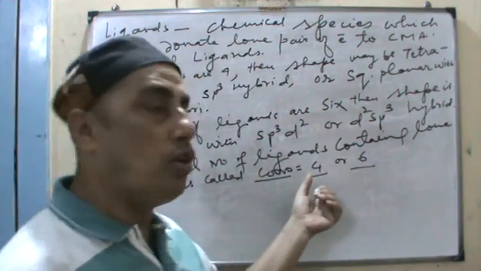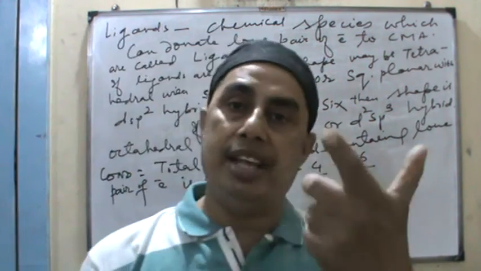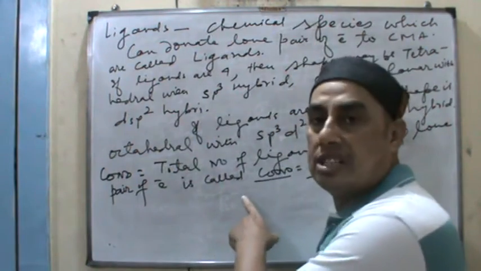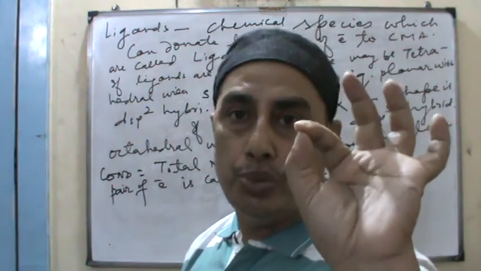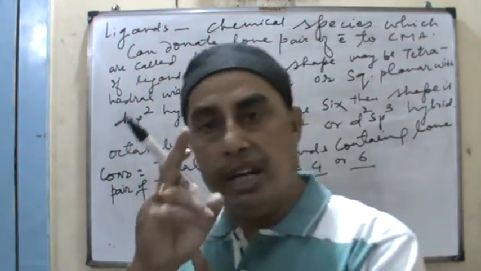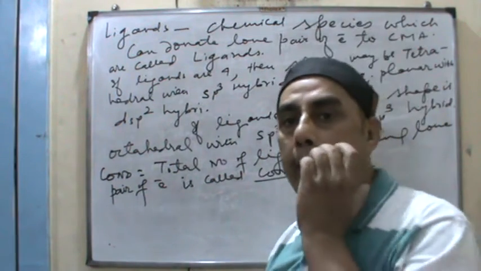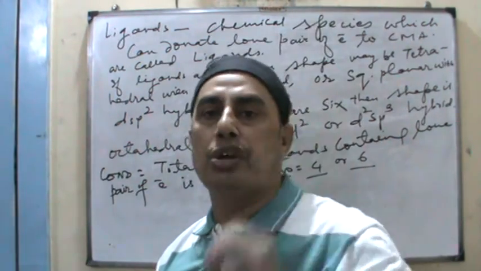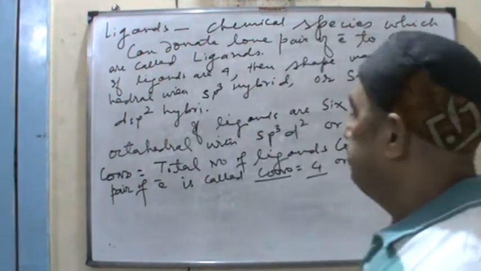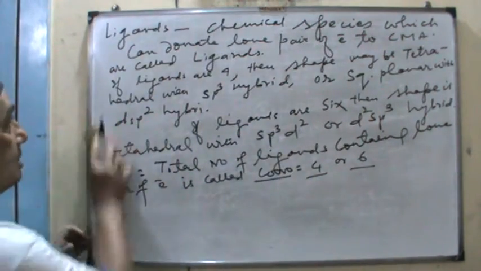So I have already explained, if coordination number is 4, then the shape may be tetrahedral with sp3 hybridization, or square planar with dsp2 hybridization. But if coordination number is 6, then there is no confusion over the shape. It is always octahedral, and hybridization may be sp3d2 or d2sp3 depending upon the types of the ligand. Right?